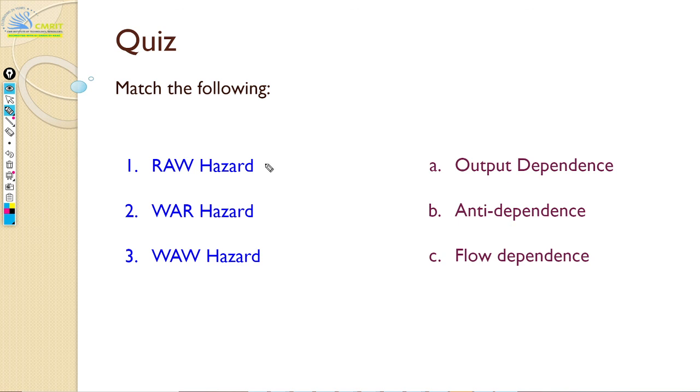RAW hazard. Is it output dependency, anti dependency, or flow dependency? Anti-dependency. No. WAR is anti-dependency, sir. Super. WAR is anti dependency.